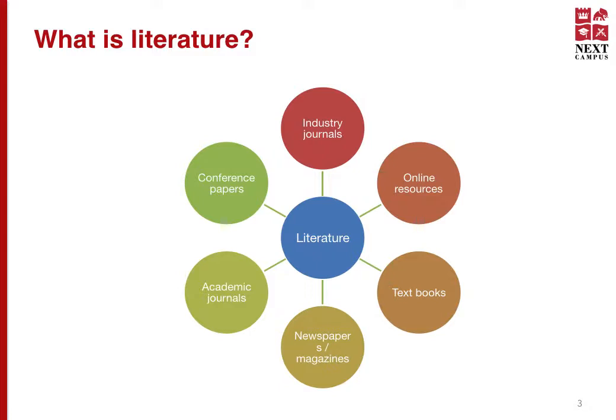It could be textbooks, it could be newspapers and magazines, especially like Harvard Business Review, Economist, Fortune kind of magazines, and also academic journals which are published in renowned journal papers, and also conference papers.